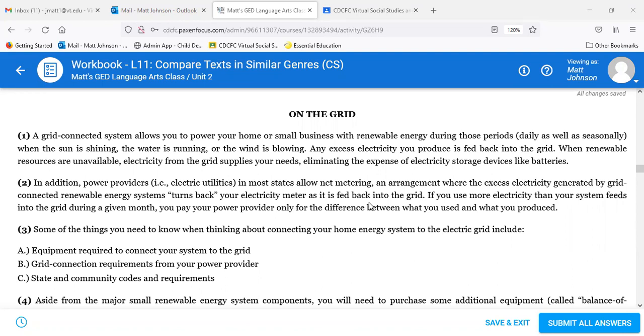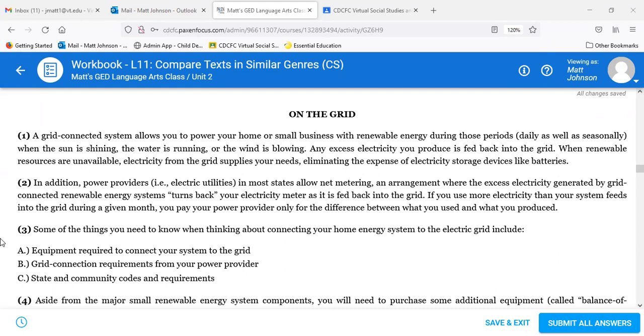Electric utilities in most states allow net metering, an arrangement where the exact electricity generated by a grid-connected renewable energy system turns back your electricity meter as it is fed back into the grid.